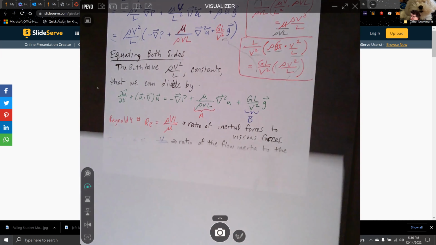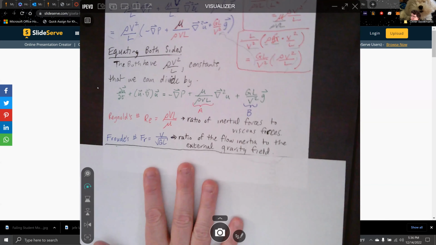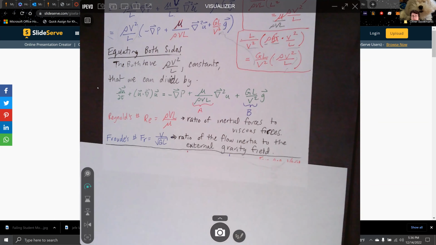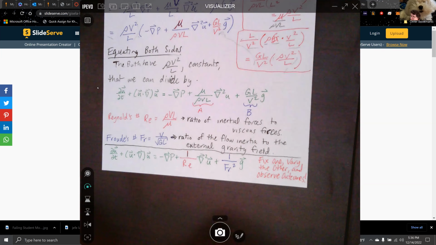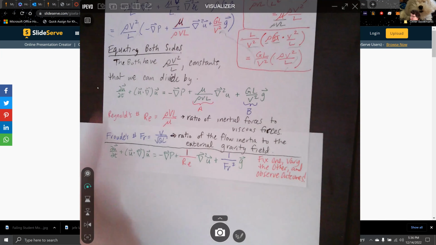And then the other one is the Froude number. Generally, Froude is V over the square root of GL. So we end up getting Froude squared when we put it back in. It's the ratio of the flow inertia to the external gravity field. And so when we rewrite it, this is what the equation looks like with that.